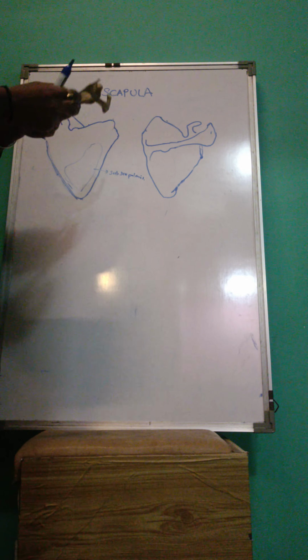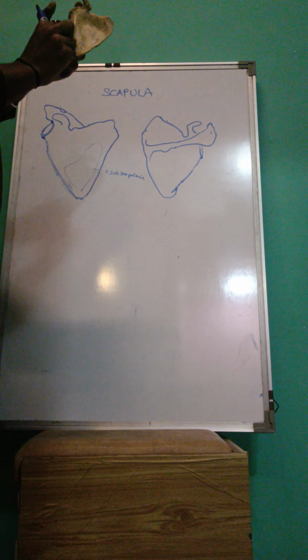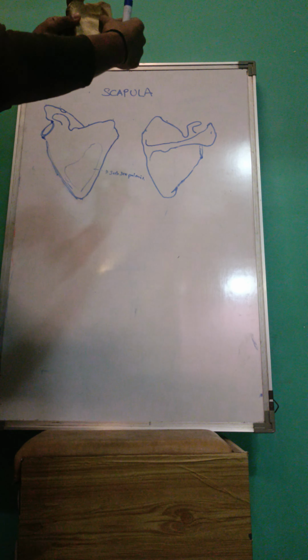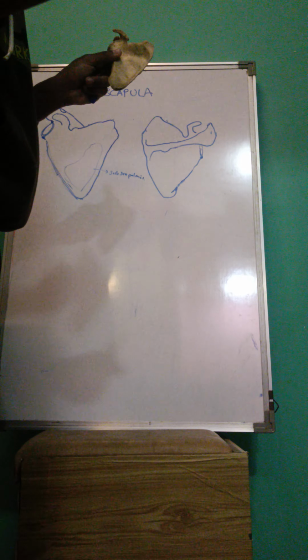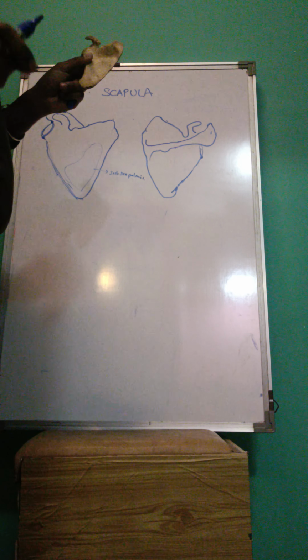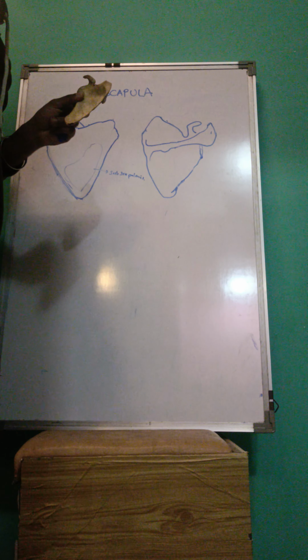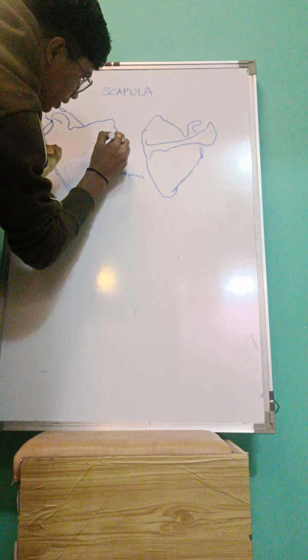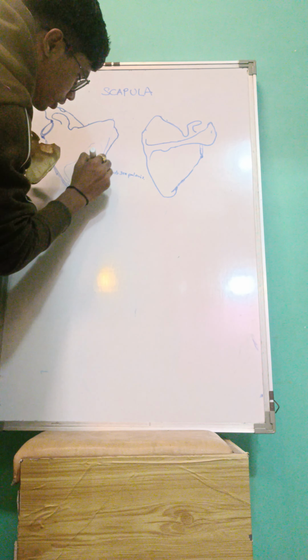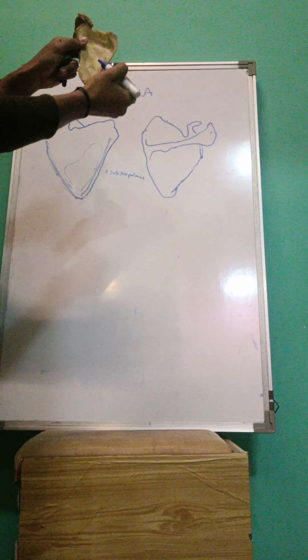Then on the medial border, which is thin, it contains the insertion of the serratus anterior muscle. It has eight digitations which are inserted on this medial border, like this.